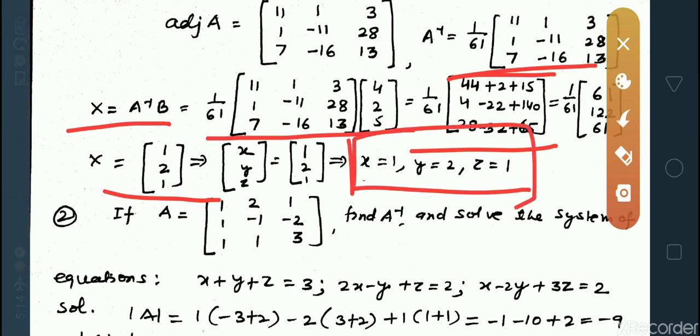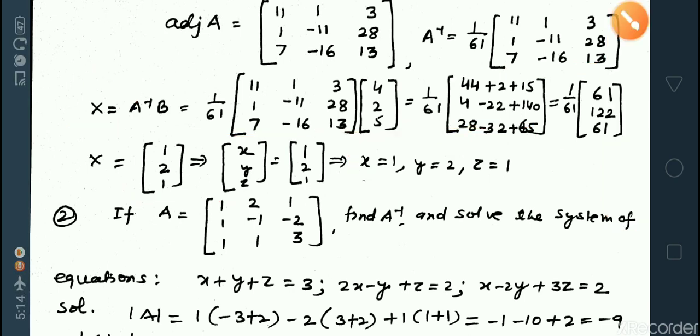Now you can check whether your answer is correct or incorrect. Simply put these values of x, y, z in any equation. If you get both sides equal, then this is the solution of the given equation. If not, then that means you have made a mistake somewhere.